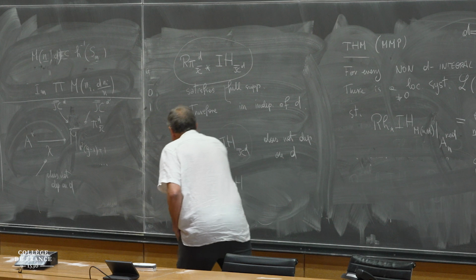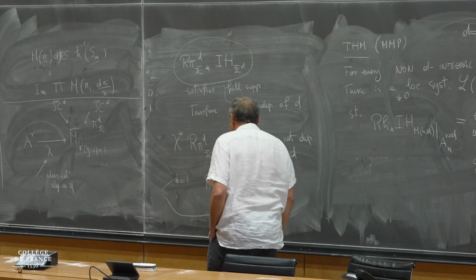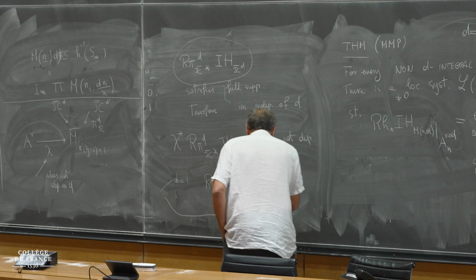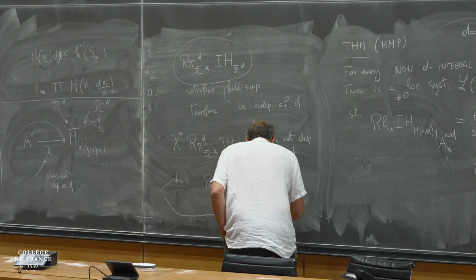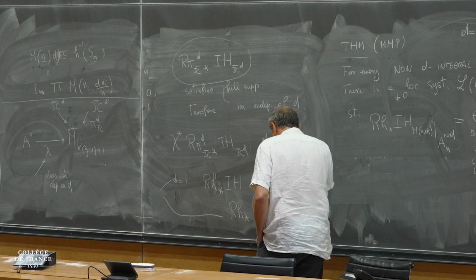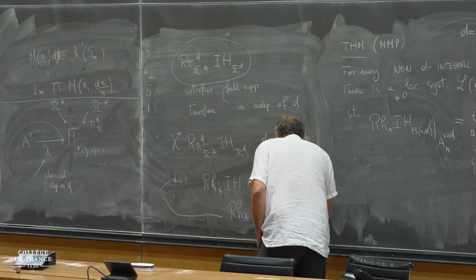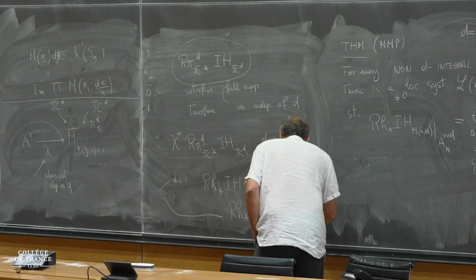But otherwise, this is the direct image of something which looks really bad, which is the intersection complex of the compactified Jacobian restricted to the M and D.